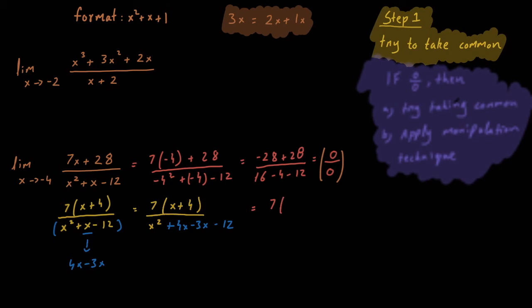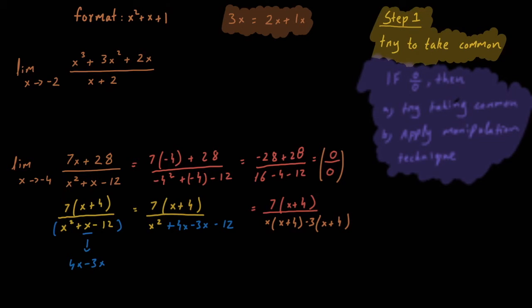Now we can take common from the first two values and then the other two values. So the numerator would remain the same. In the denominator we can take common from the first two values and we can take x as common. So we will have x plus 4, and from the other 2, we can take negative 3 as common and we'll have x plus 4.